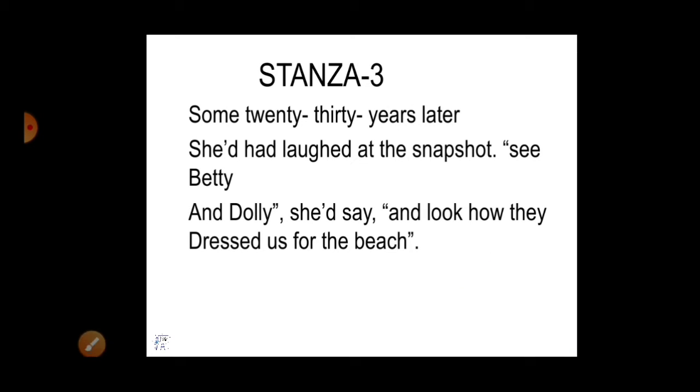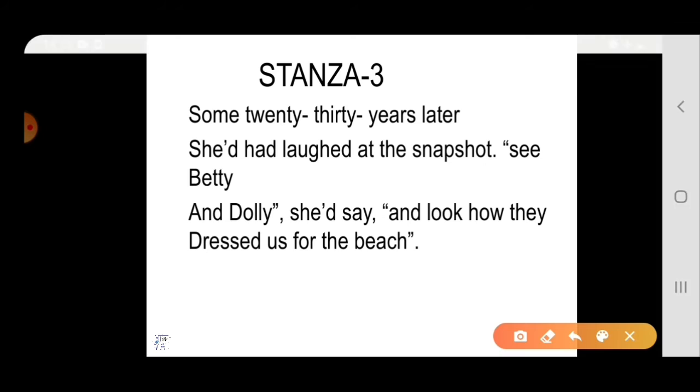Some 20-30 years later, she had laughed at the snapshot. See Betty and Dolly. Betty and Dolly are the names of the cousins of her mother. She had said, or she would say, and look how they dressed us for the beach. After 20-30 years, she would laugh at the photograph.